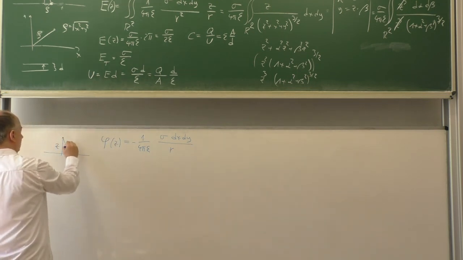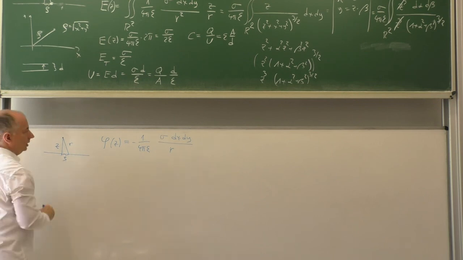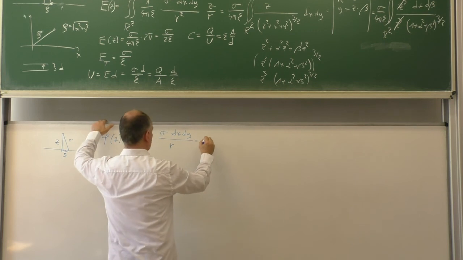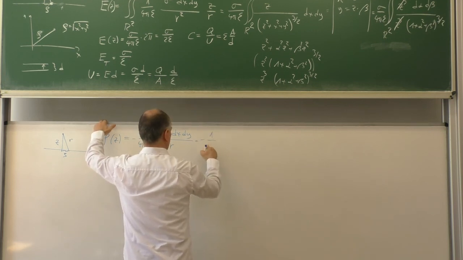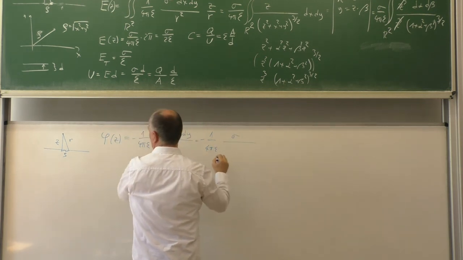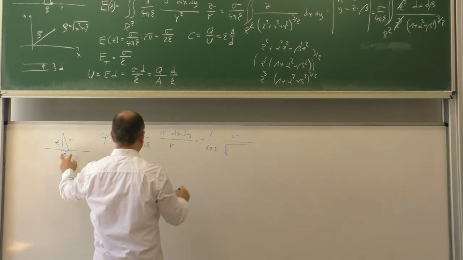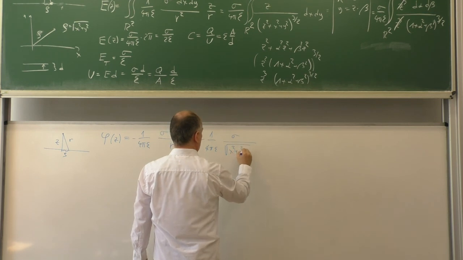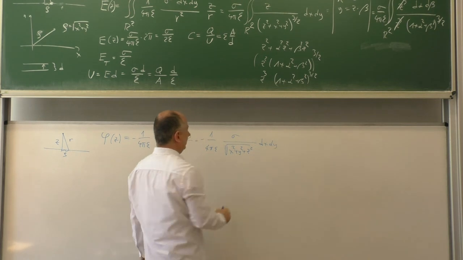This is r, this is rho, so r is square root of z squared plus rho squared, and rho squared is x squared plus y squared, so minus sigma over 4 pi epsilon, dx dy over the square root of x squared plus y squared plus z squared.